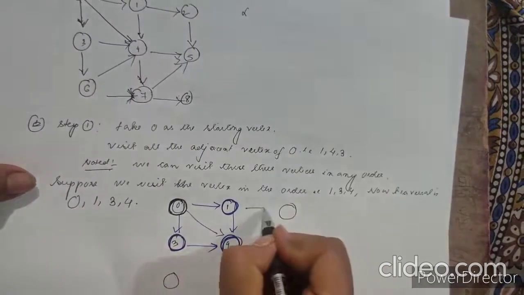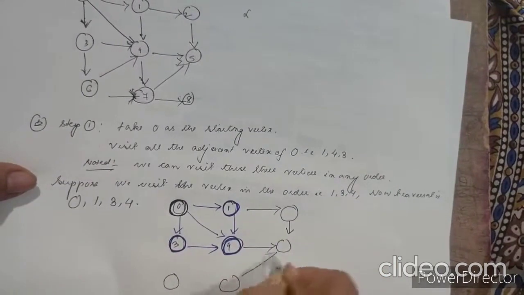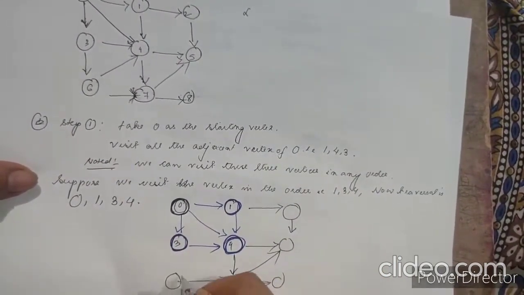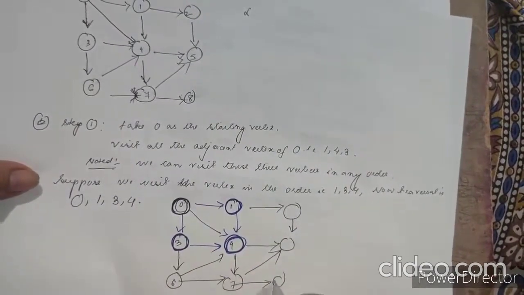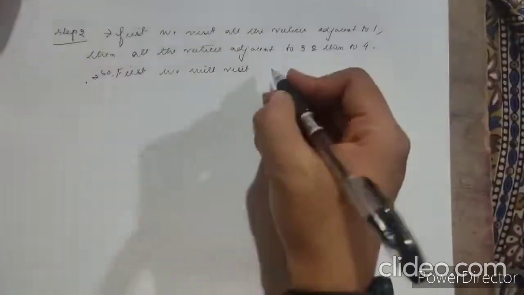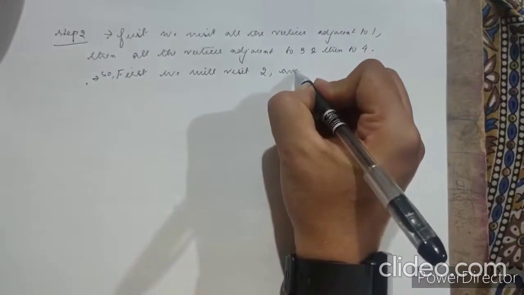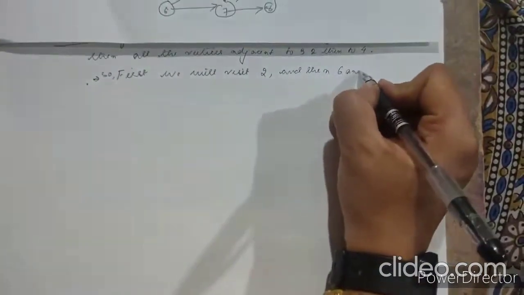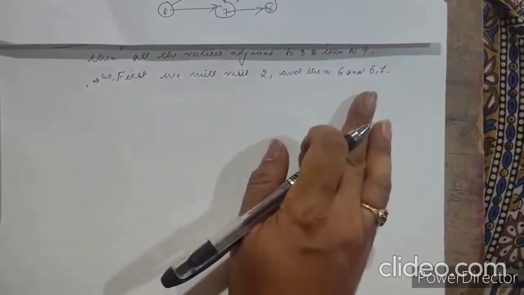So I'll draw this one also, that will be easy. 6, 7 and 8, then 5 and 2. So first we will visit 2, and then 6, and then 5 and 7.